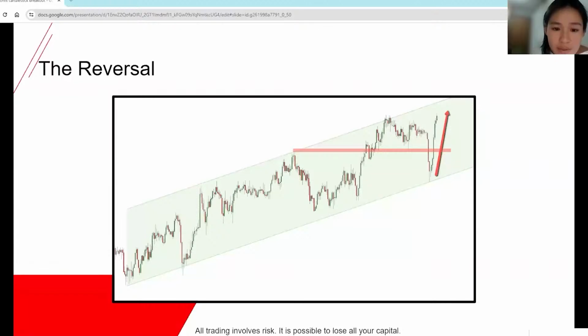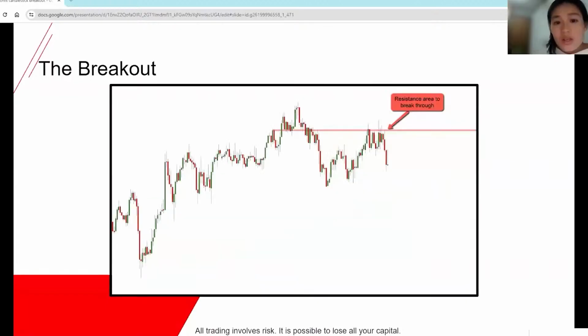On the other hand, we have the breakout. So here we have the resistance area that price is trying to break through. We have this resistance level, which is in line with a couple of swing highs and a couple of swing lows, and that basically makes it an overlap resistance.